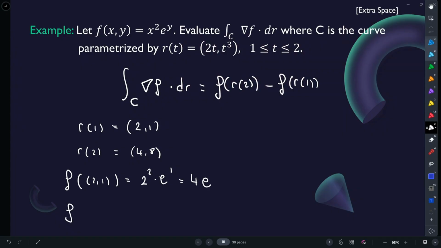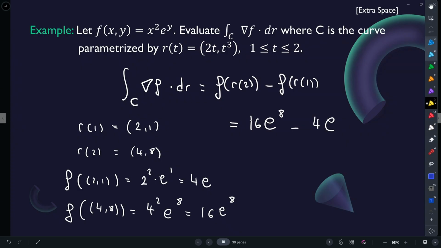And f evaluated at (4, 8) is 4 squared e to the 8, which is 16 e to the 8. So the solution is just 16 e to the 8 minus 4e. Well, that's it.